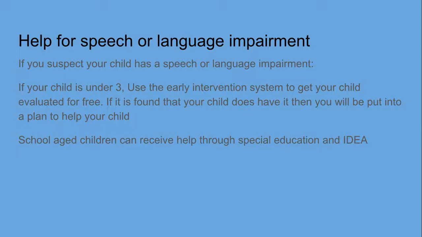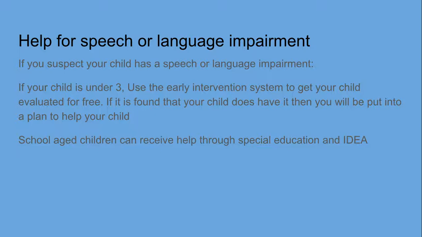So getting help for speech or language impairment: if you suspect your child has a speech or language impairment, for example, if your child is under 3, you can use the early intervention system to get your child evaluated for free by experts who will be able to tell you what your child has, and then get you in line with the people who will help you get a plan set together for your child already, even though they're so little.